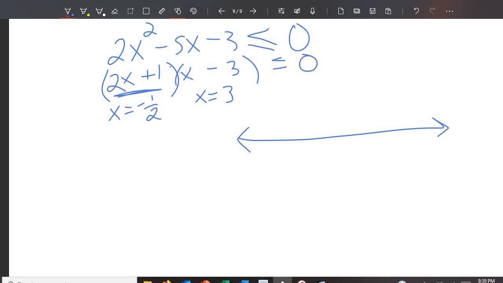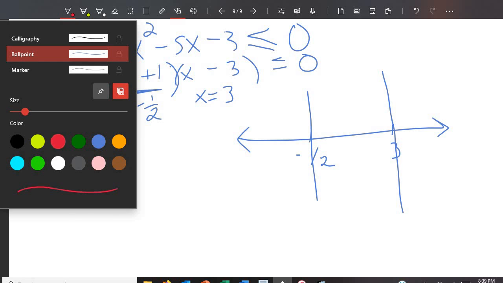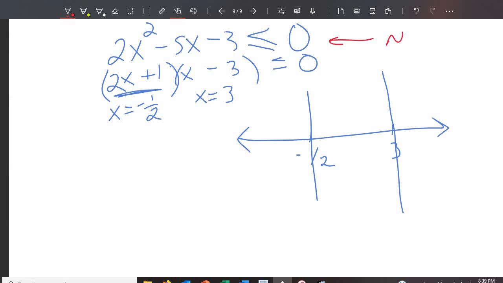So on the number line, we're going to put negative 1/2 and positive 3. Now, look up here. This time we want it to be negative, right? So we want to take a test number, plug it in, and we get a negative answer. Well, I guess for my test value, I'm going to use negative 1. In the middle, I'm going to choose 0. And on this side, I'm going to choose 4.